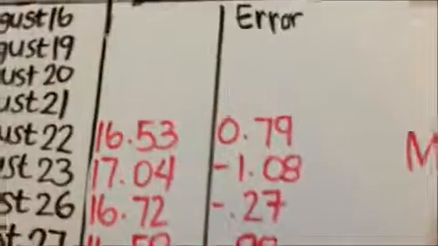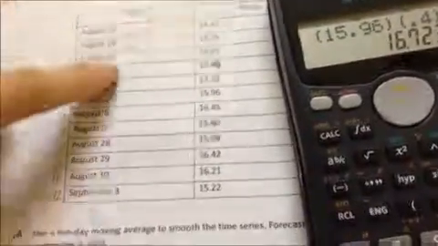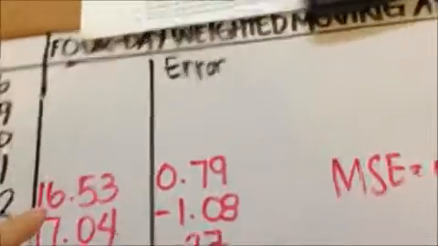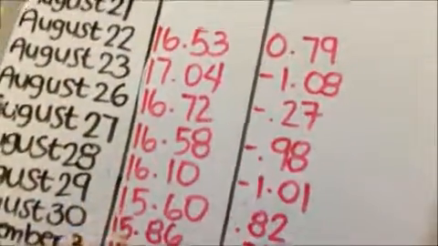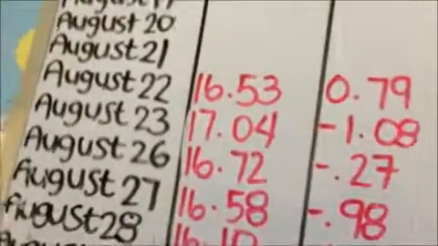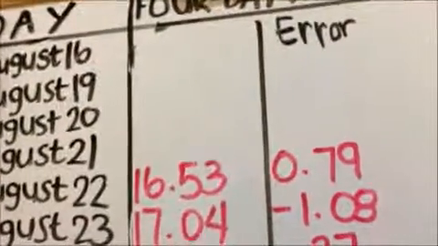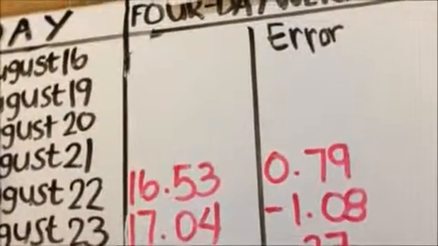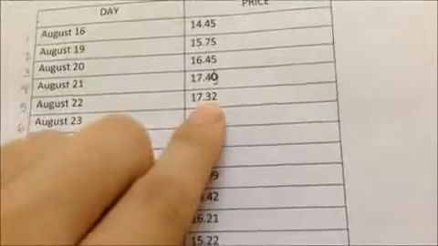for the error. So we are going to get the data. So the data 1 to 12 minus the data from the 4-day weighted moving average that we got earlier. So August 22, or number 5. So we are getting data number 5. Data number 5 is 17.32.